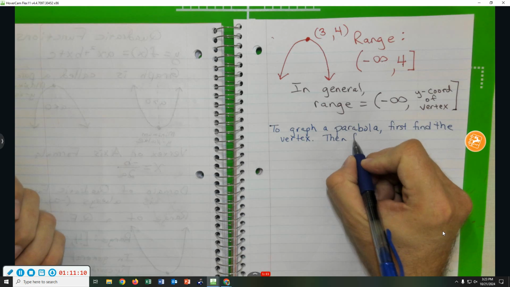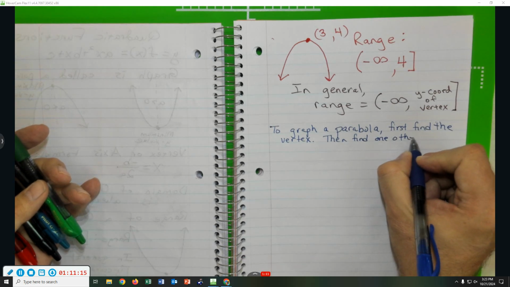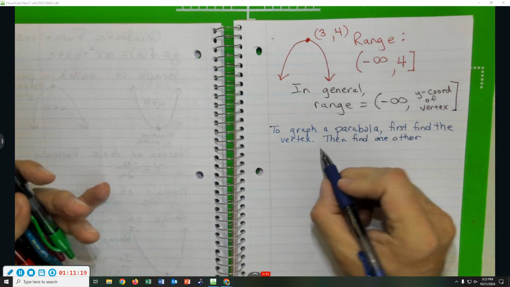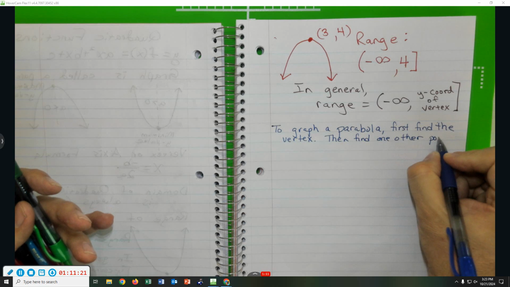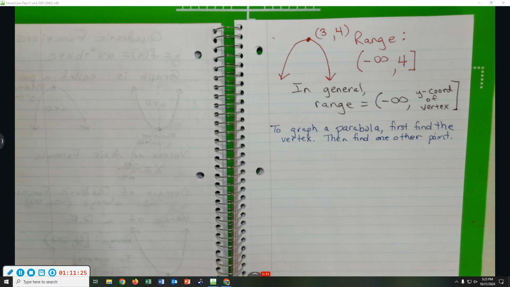Then find one other point. In other words, plug in any other number other than whatever minus b over 2a. Now there's a very nice graphing tool, so you need to make sure that the ordered pairs you're finding can be labeled on the little grid they give you.